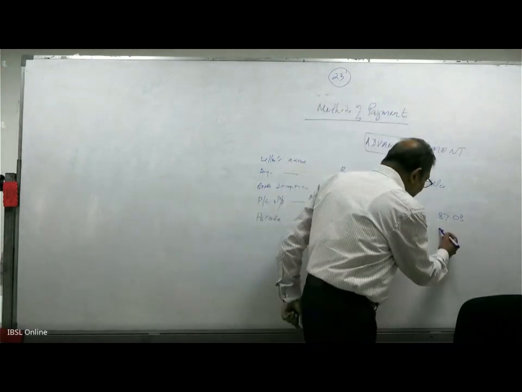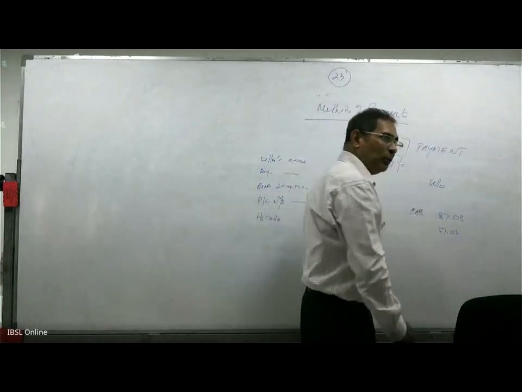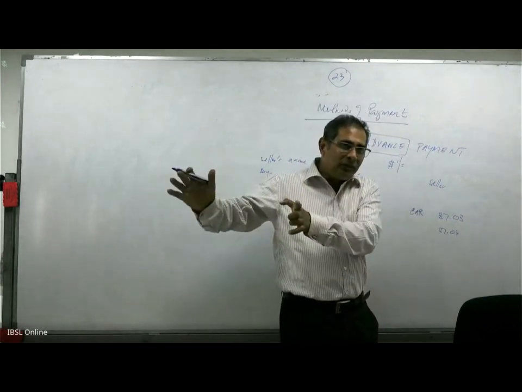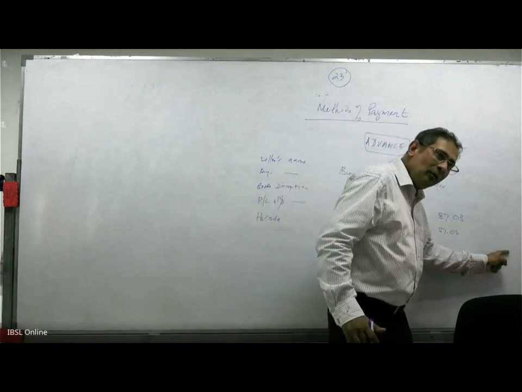Then it comes to the 8704 category, passenger coaches. You find different passenger coaches, 25 seater, 45 seater. That could be given by a code.